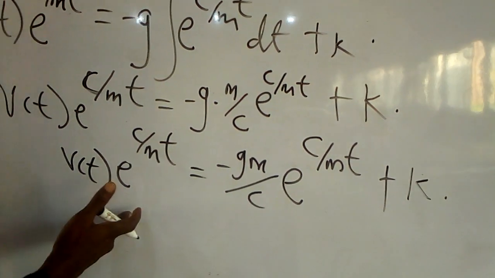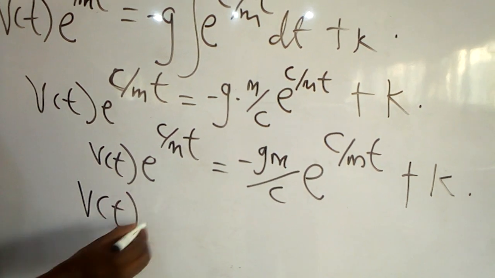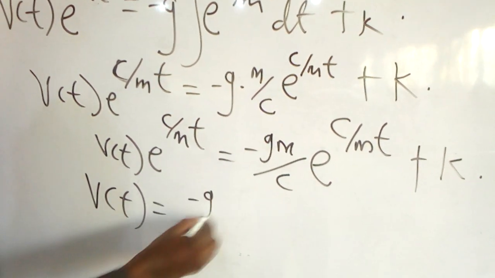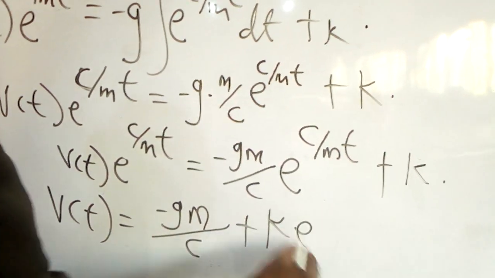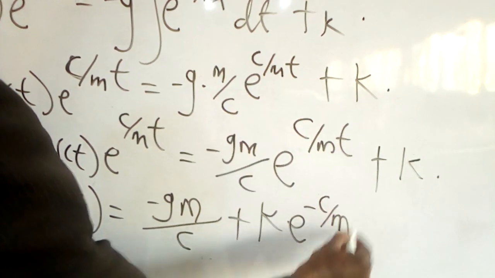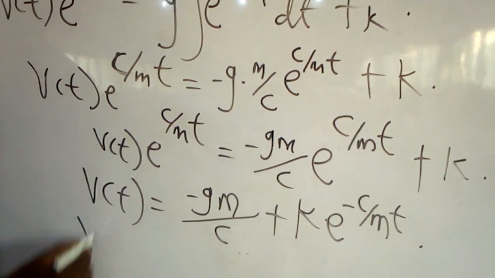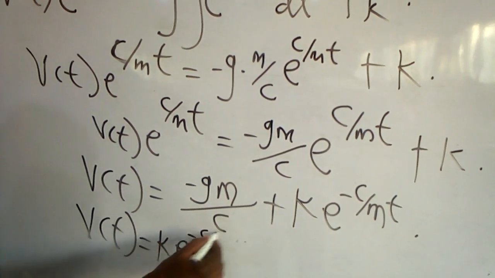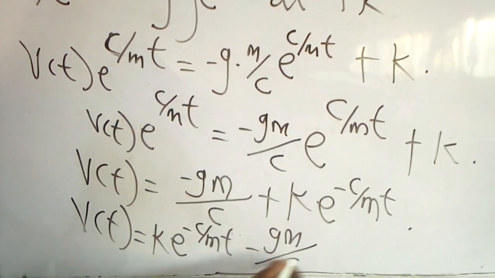So we could divide through by this, and that finally gives us velocity as a function of time is equal to minus gm over c plus k exponential minus c over m t. You can leave it here or rearrange it properly to have velocity as a function of time is equal to k exponential minus c over m t minus gm over c.